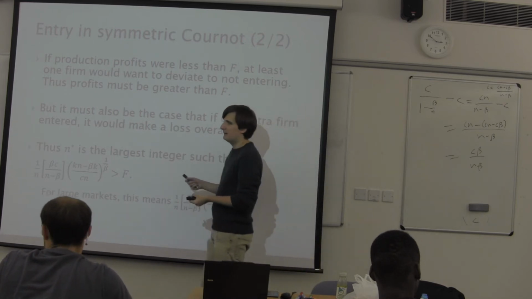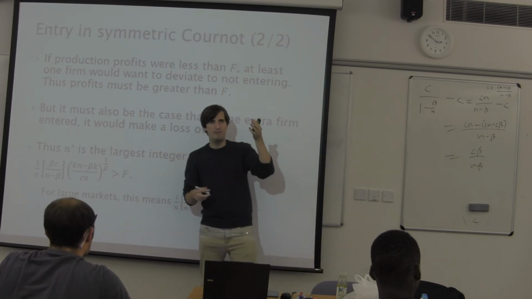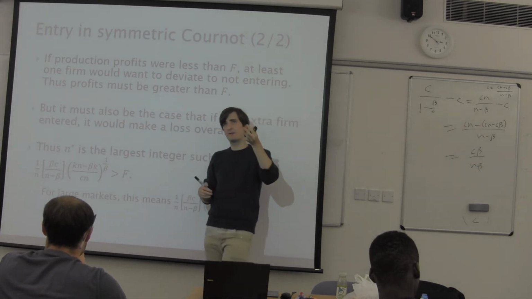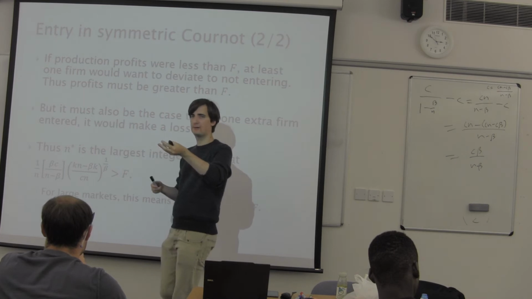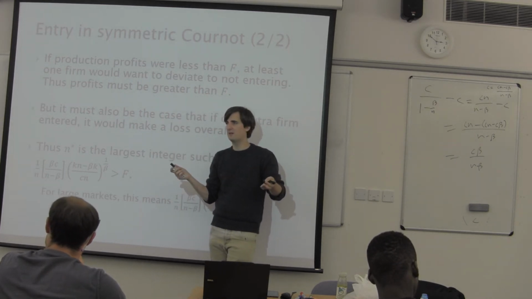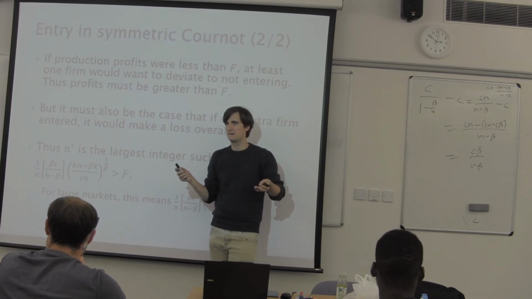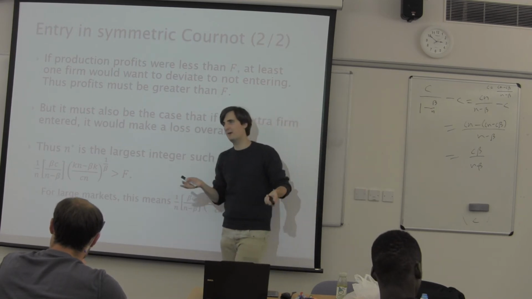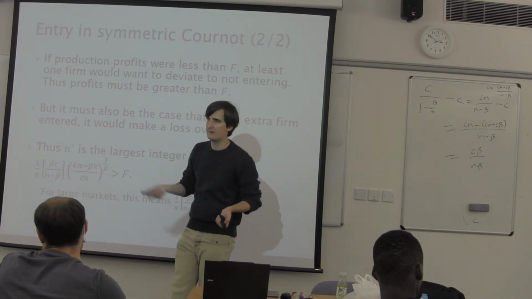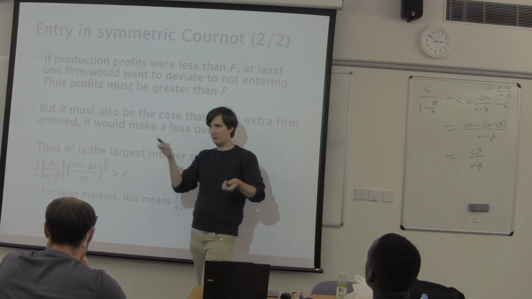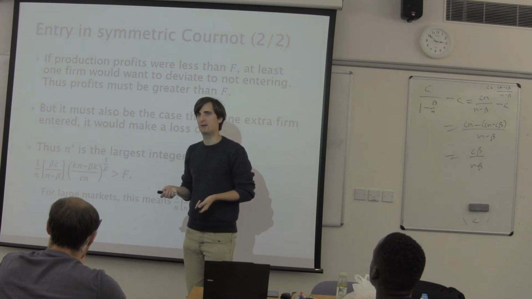So if production profits were smaller than the entry cost, how would firms want to change their behaviour? It's like firms pay £100 to enter the industry and they make £80 in profits once they've entered. They're just not going to want to enter that industry in the first place.